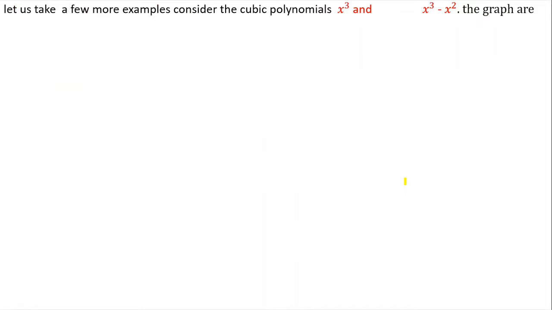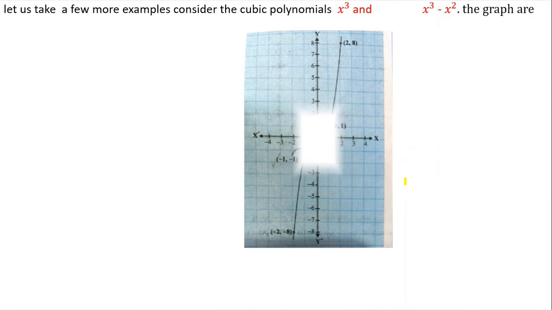Now, let us take a few more examples. Consider the cubic polynomials x cube and x cube minus x squared. The graph for x cube is here. We can clearly see that the graph intersects the x-axis at exactly 0. That is, it intersects at only one point.